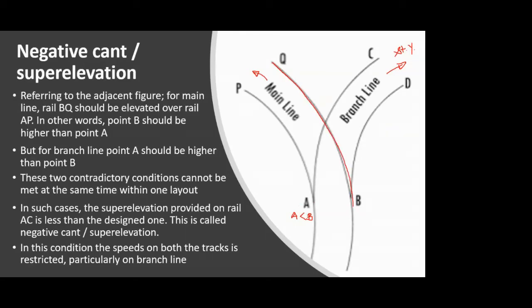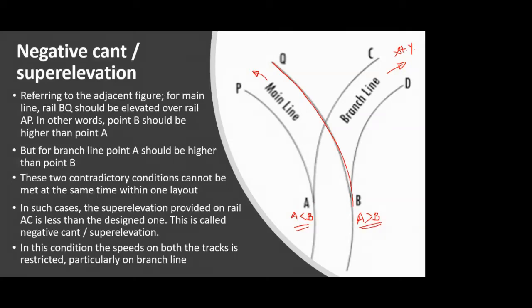So for a main track, this should be the condition. But these same points are also the points for the branch line, and our branch line is taking a right turn. So for this branch line, A should be at a higher elevation than your B point.